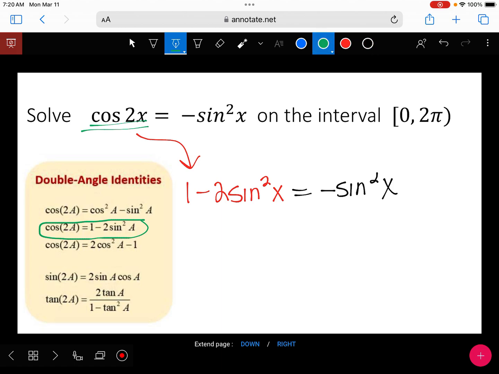And then I always like to do my substitution. I'm going to say u equals sine. So I'm going to write this as 1 minus 2u squared equals negative u squared. All right, so I want you to try to solve that for u. How would you solve that equation?